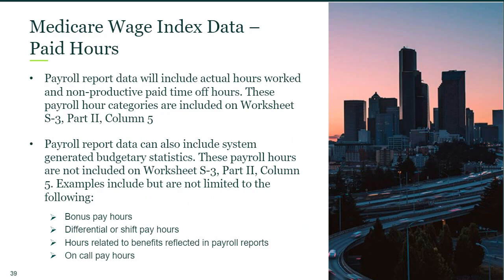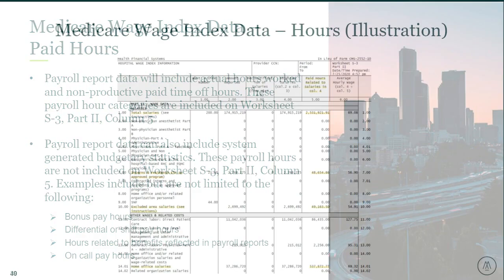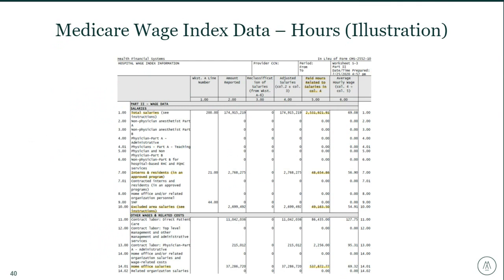The payroll data will also include budgetary statistics, such as, but not limited to, bonus pay, differential shift hours, hours related to benefits, or on-call. Please note budgetary stats are not included on the S3. Here's an example of the S3 for the hours as well.